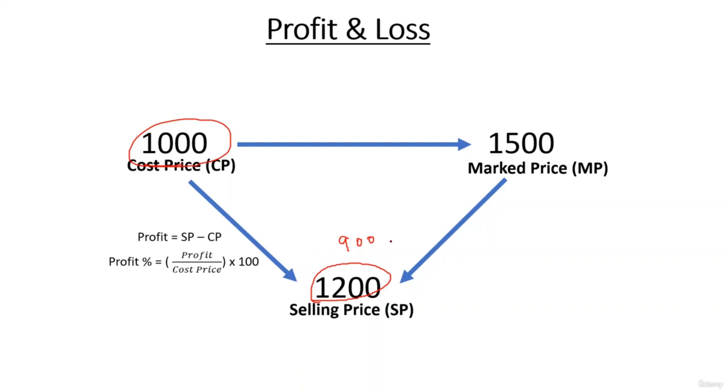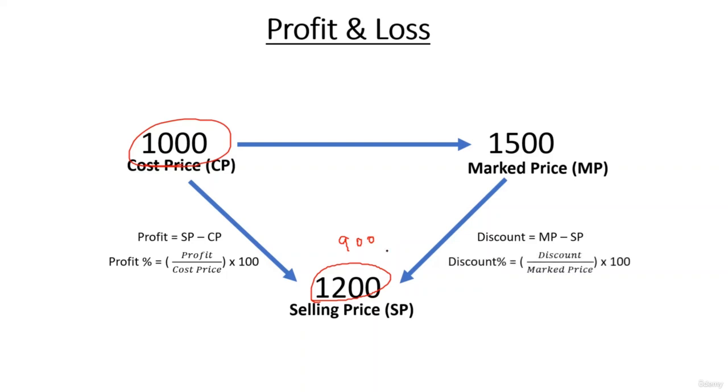So that is the first relation we have tried to establish between the selling price and the cost price. We now try to understand the relation between selling price and the mark price, and that relation is basically called the discount. What was the intended price, and what is the actual price, the gap between them. It is basically the discount offered. Discount offered, very commonly we understand it as a percentage out of the mark price.